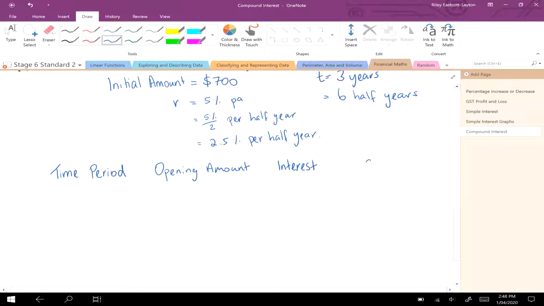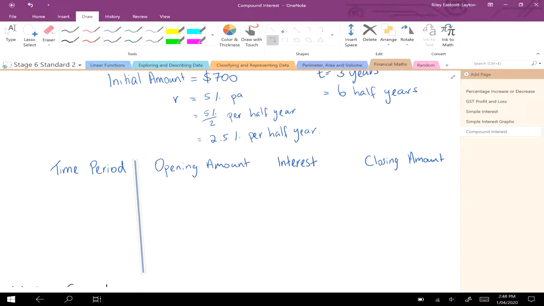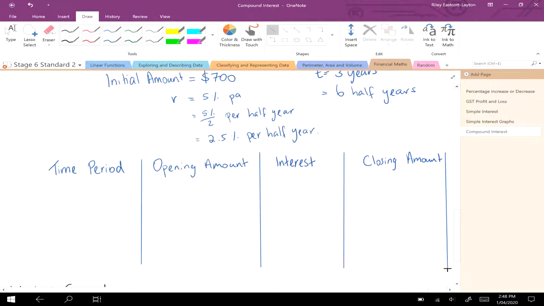And then we're going to have our closing amount. Let's just tidy this table up a little bit. Alrighty, like so.